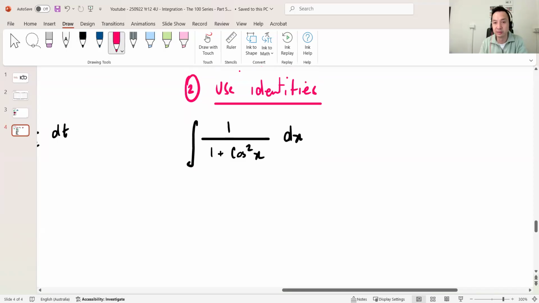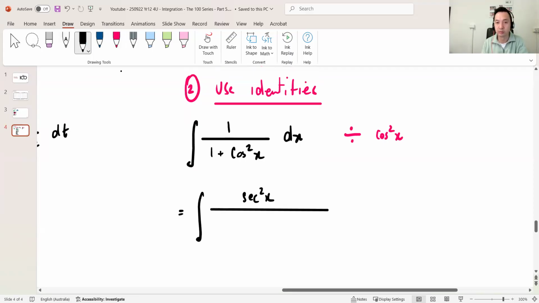So divide all parts by cos squared. Sec squared is a nicer expression, right? The top will be sec squared. Here you get sec squared plus 1, right? If I divide top and bottom by cos squared, you get that.